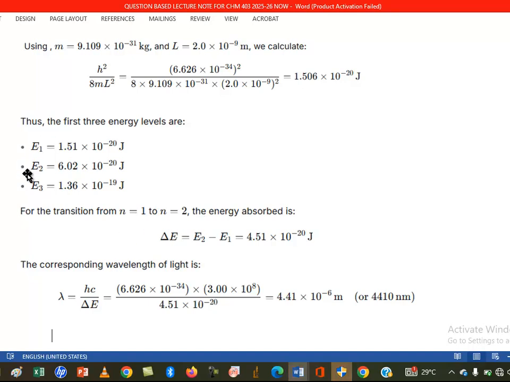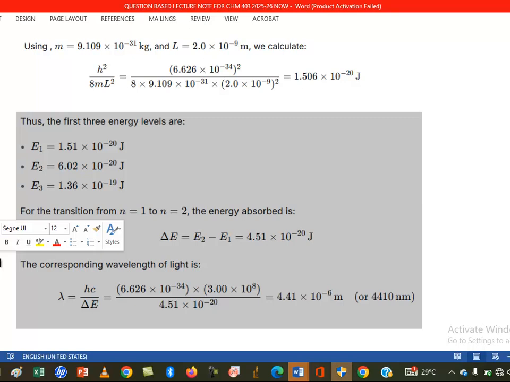Remember, we have E1 here, for n2 E2, right? So all you now need to do is to subtract, and that's 6.02 minus 1.51. And there you get 4.51 times 10 raised to the power minus 20 joules. So that's what you get.